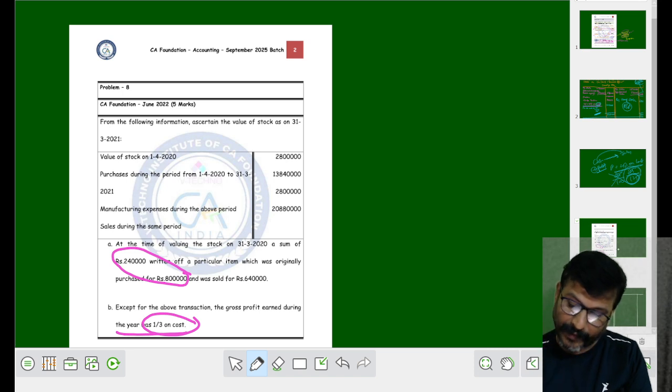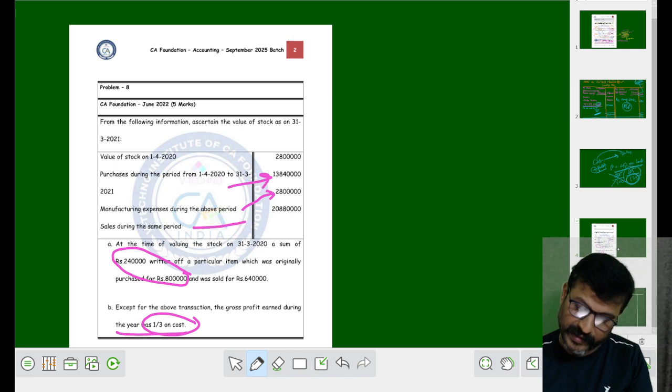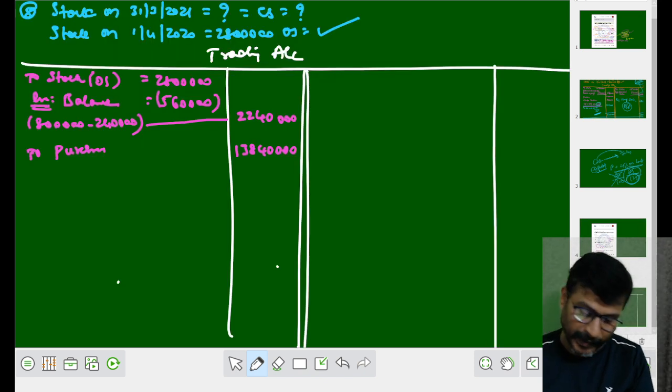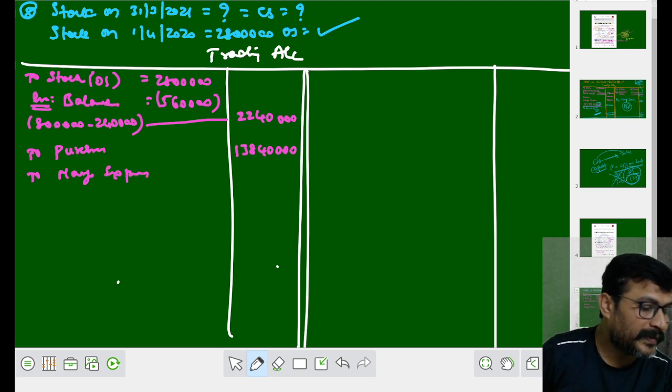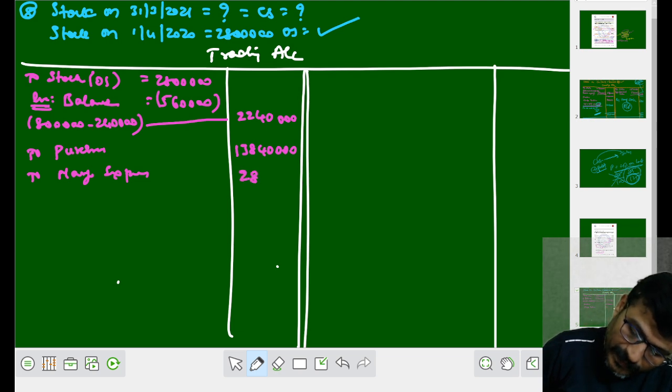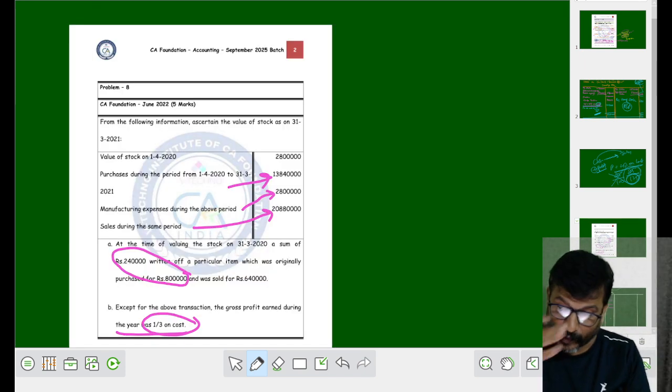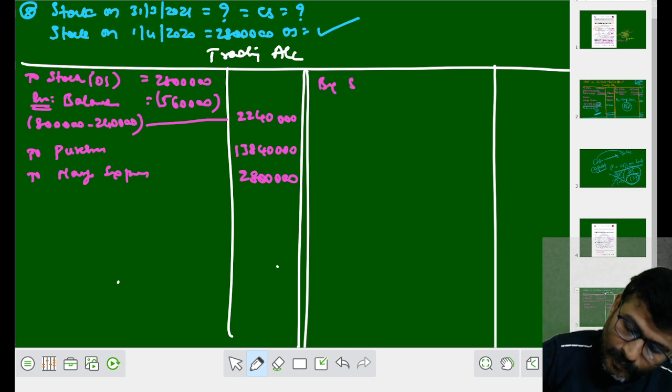Then next we have manufacturing expenses. It is of rupees how much? 28 lakh. This is about purchases. This is about sales. 28 lakh is your manufacturing expenses. Fine. What happened? The sales is 2 crore 8 lakh 80,000.